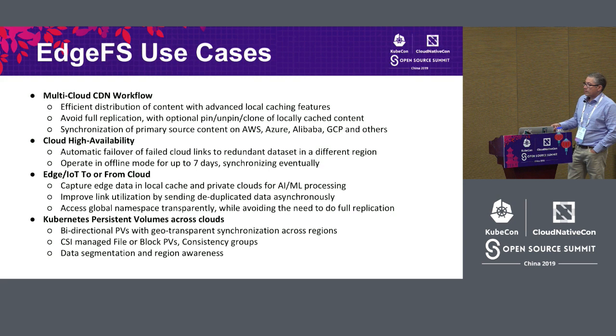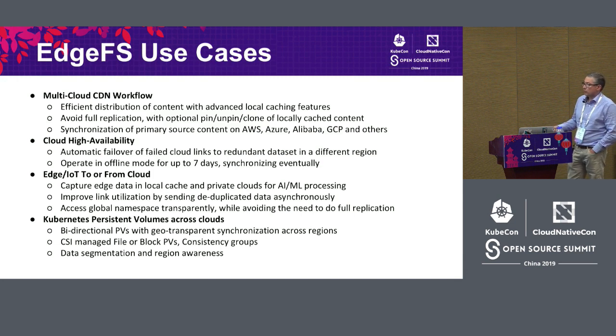Now, accessing the global namespace transparently while avoiding the need for full replication is very important for this use case. Because we are rooted in Rook and started with Kubernetes, we natively support persistent volumes across clouds, and it's actually bidirectional. What it means is that by leveraging snapshot view groups and snapshots, you can provide geo-transparent synchronization. Yes, it can use metadata only.